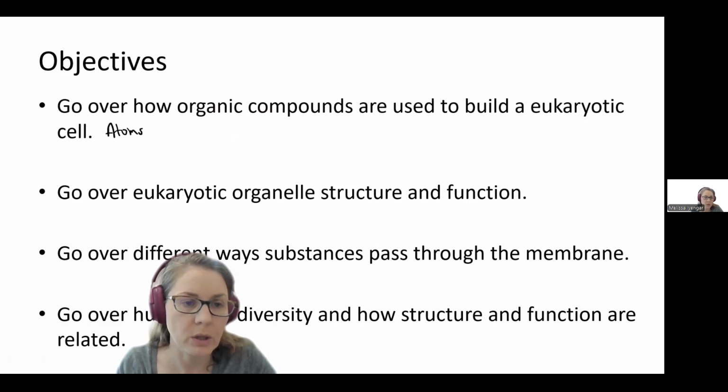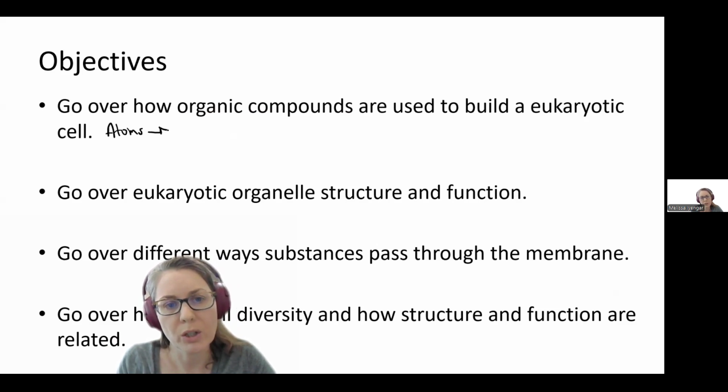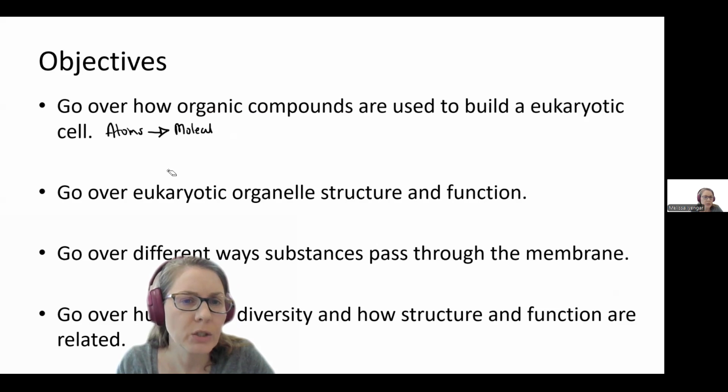They have protons, electrons, and neutrons. Their electrons can bond together. So two atoms can bond together because of their electron shell. And when they do, they form larger substances. Those are called molecules. So molecules have to have at least two atoms bonded together.